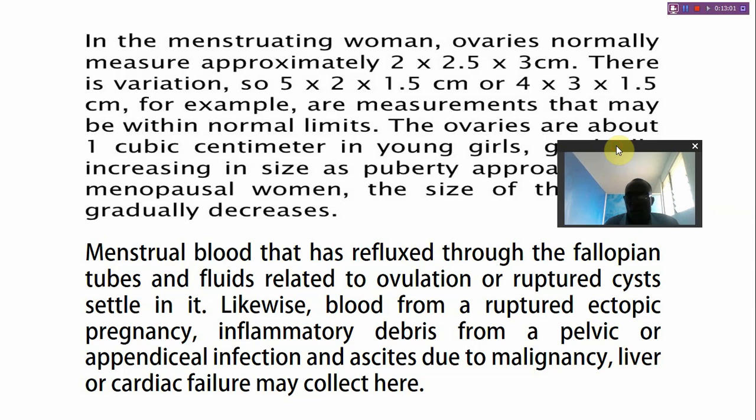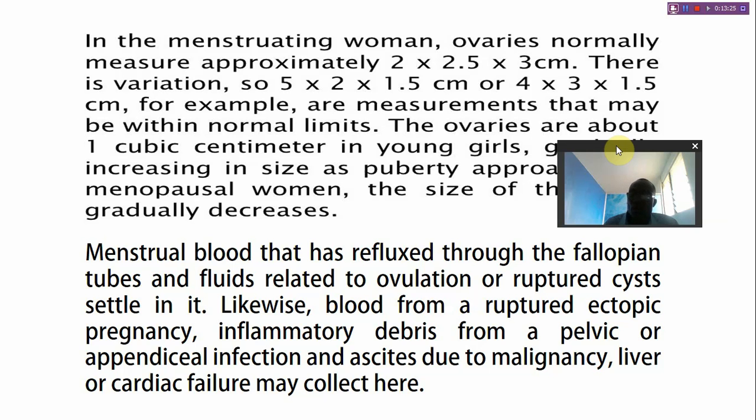After a ruptured follicle, there's free fluid in it, normally in the posterior pouch of Douglas. Likewise, blood from a ruptured ectopic pregnancy, inflammatory debris from pelvic or appendiceal infection, ascites due to malignancy, liver or cardiac failure may also collect there.